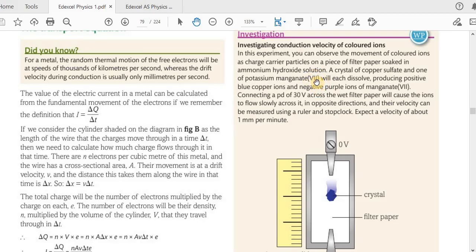This indicates the oxidation number of manganese here. Potassium manganate(VII) was also called potassium permanganate in the past. To avoid confusion, they wrote it like this, because if you say permanganate, somebody might wonder what that means.